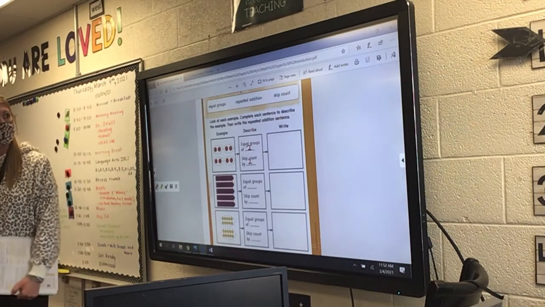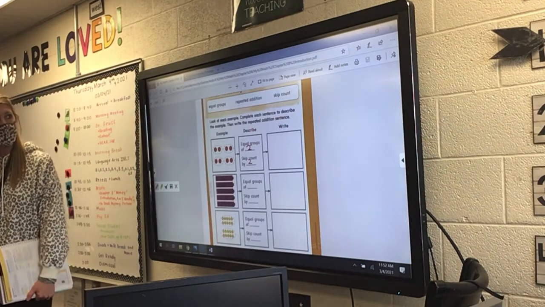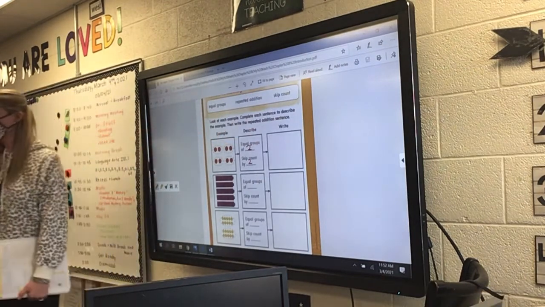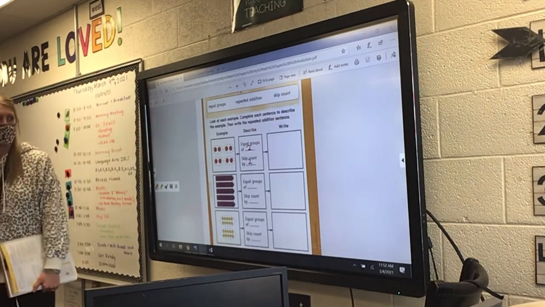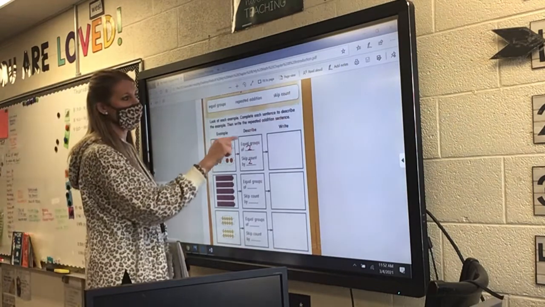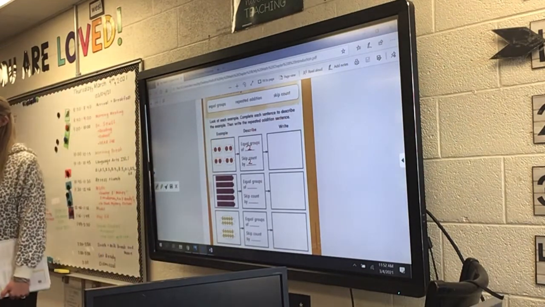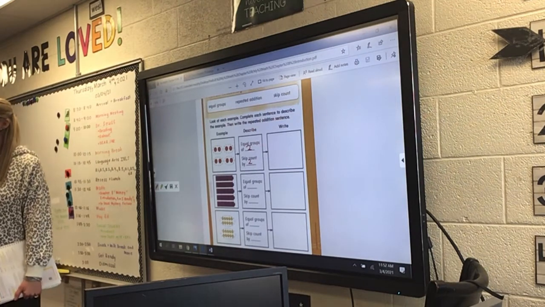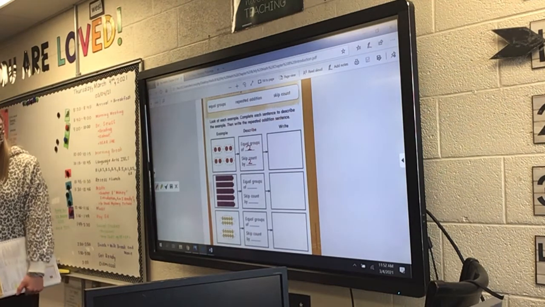Okay, now, in these boxes, normally we have to match the vocabulary words, but we don't have to on this one. This one is all repeated addition here. So how would I write that as a repeated addition? John, how do you think I could do that?